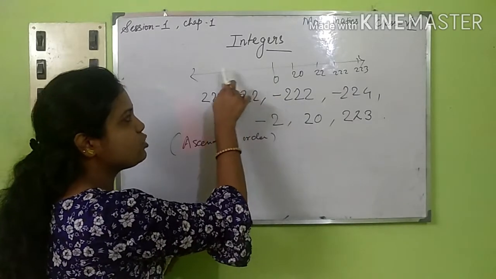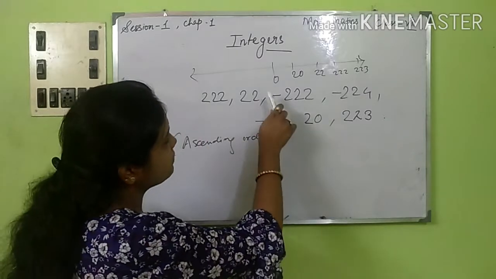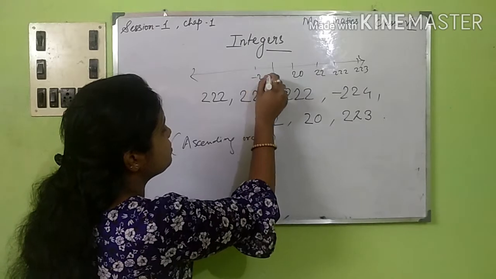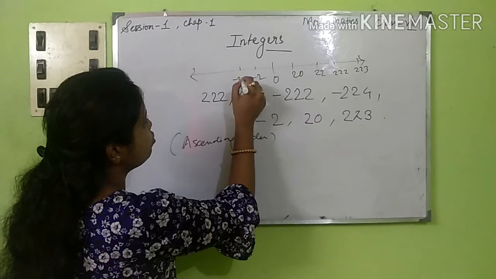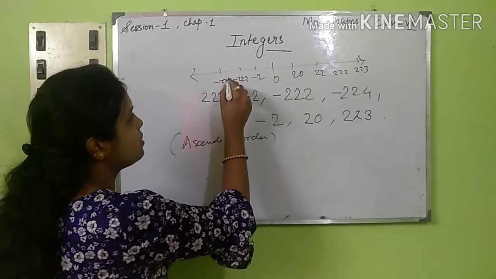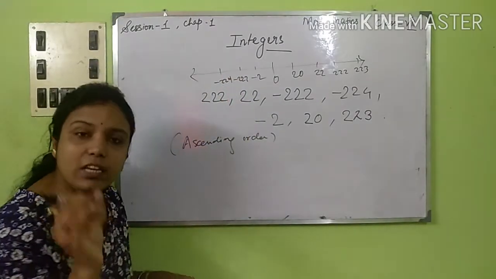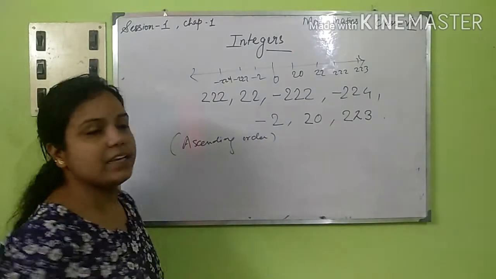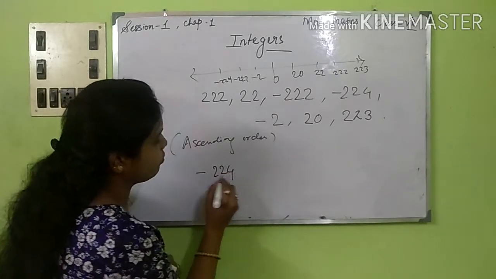And towards the left hand side, that is towards the negative integers, you know that it starts from minus 1, minus 2, minus 3 and it increases on the other side, right? So the first number that is going to come is minus 2. Then which one is going to come? Minus 222 and then minus 224. So you can easily understand the smallest integer in this series is minus 224.